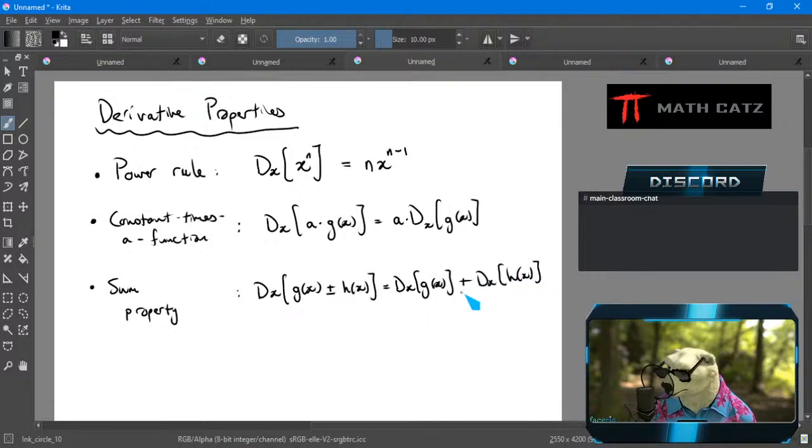That also works for a minus, and that's why it's called the sum difference property. If I have a plus, if I have a minus, I can isolate the terms, look at those derivatives individually, and then put them together. And that's exactly what I would want to do.